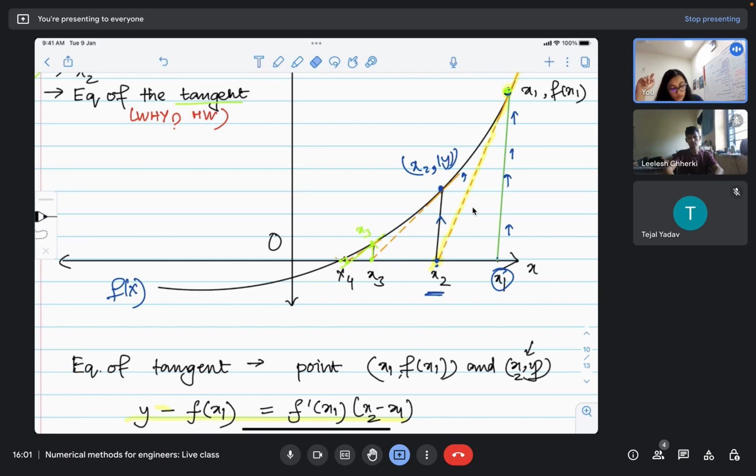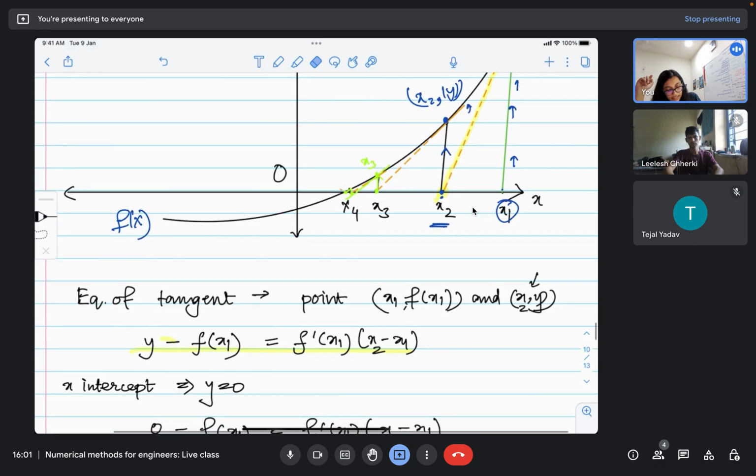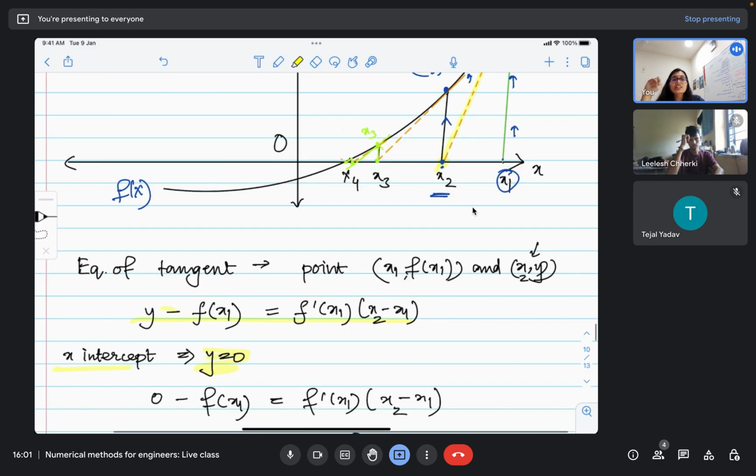So only when you equate y to 0 will you get that point of x that gives you the next iterative value, and when this iteration goes on and on, you finally converge at the root.